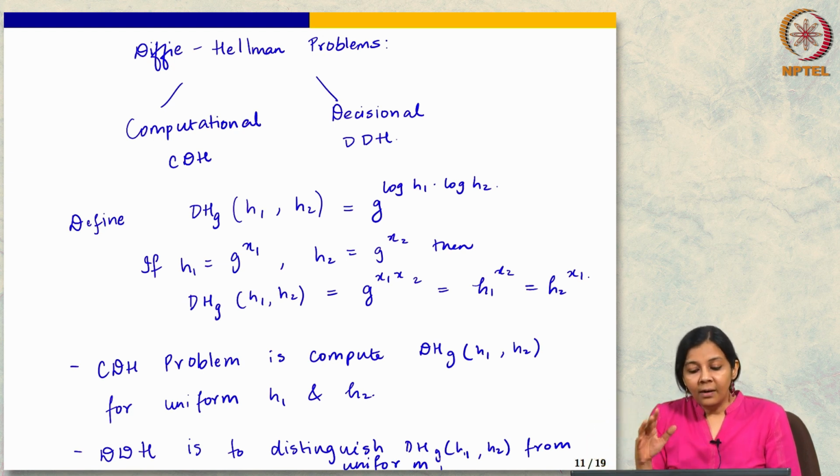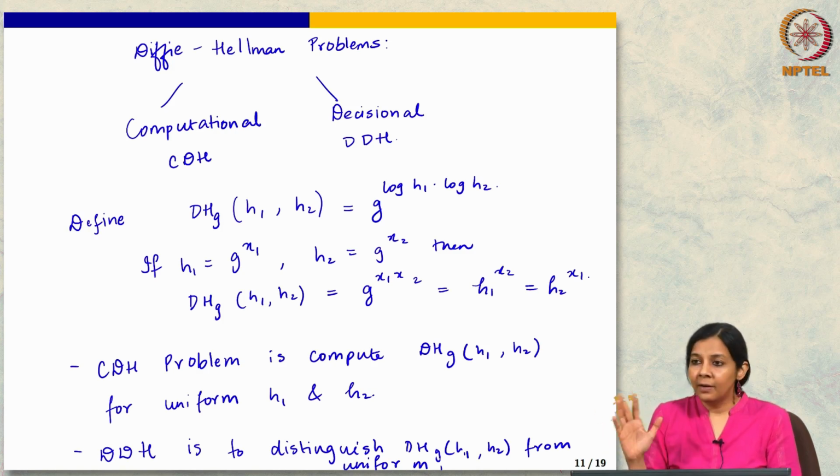And the decision Diffie-Hellman problem is going a step further. It is saying not only can you not compute it, moreover, to a computationally bounded, basically to a PPT adversary or algorithm A, g to the x1 x2 actually is indistinguishable from uniform.